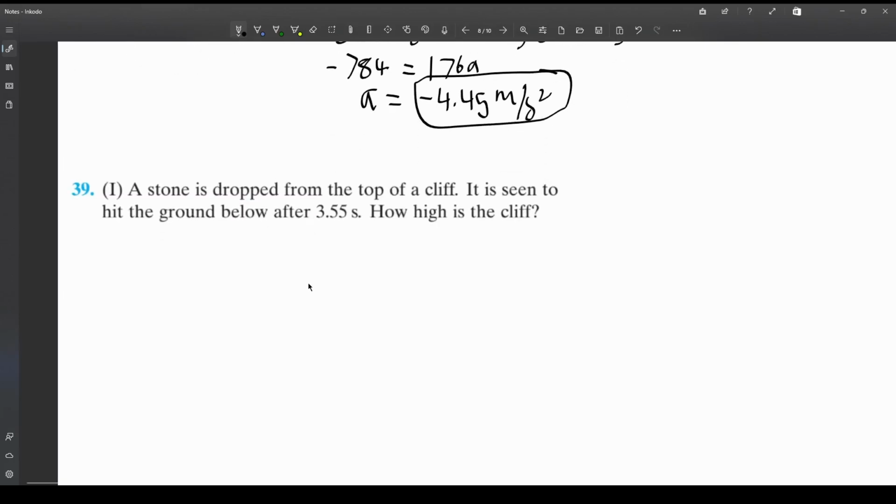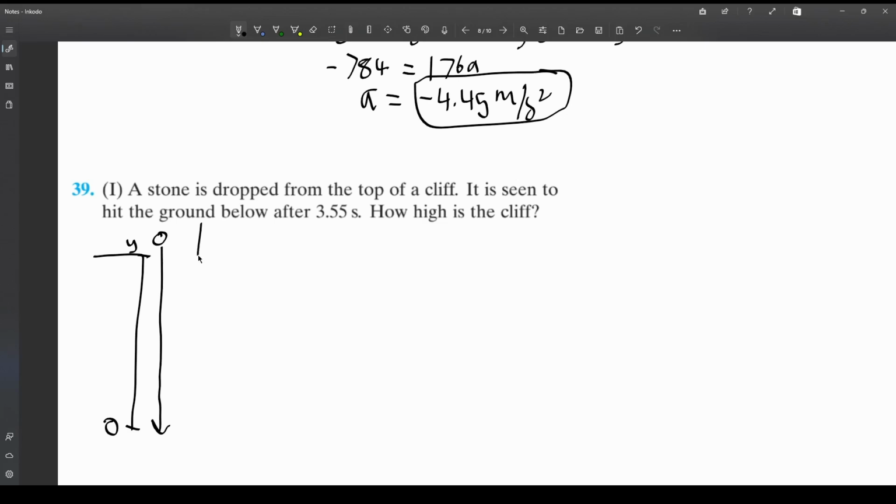And again, take a minute to pause the video and try solving this question yourself. So for this question, this is where the stone is being dropped from, and it's going all the way to the bottom. So let's name this our 0 position, and this is our y position.